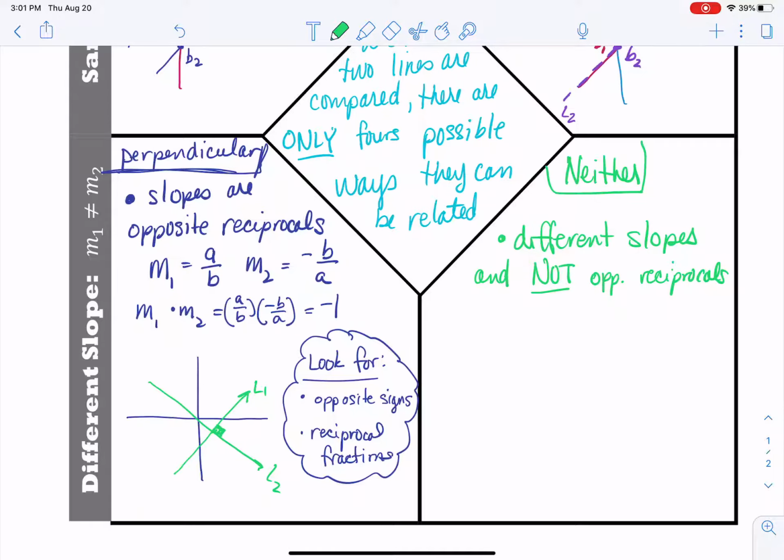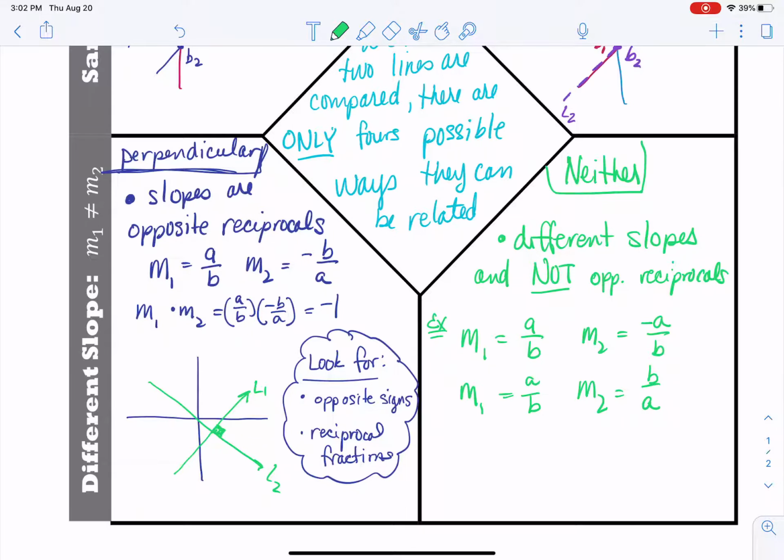So that would look like M1 is A over B, and M2 is negative A over B. Another example could be if M1 is A over B, and, oops, not equals, M2 is B over A.